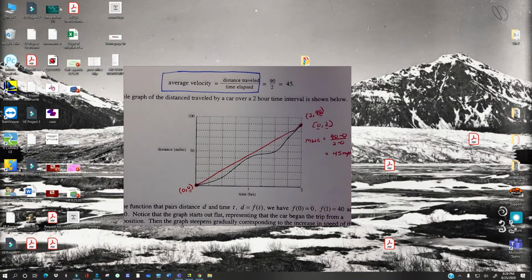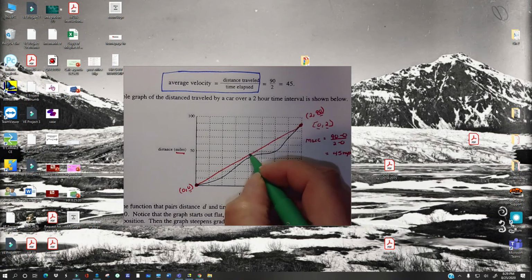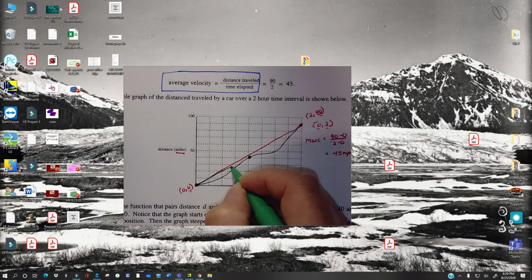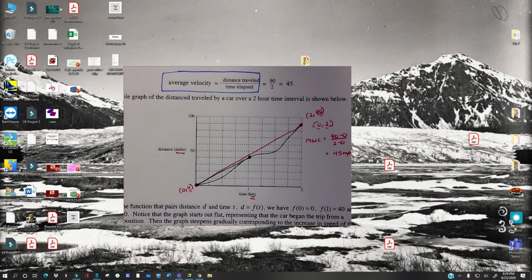And the reason why I want to include my units is because my distance is in miles and my time is in hours, okay? If I wanted the average velocity over the first half of the trip, which I believe we did, well, the first half of the trip is the first hour of the trip, right? If the trip is 2 hours, then the first half is 1. So now I'm working in this interval here. And I'm going to connect this point with this point, and I'm going to compute the slope of the green secant line.